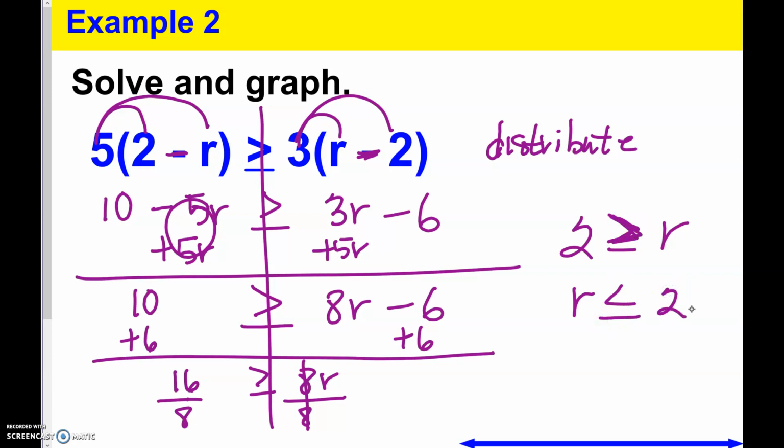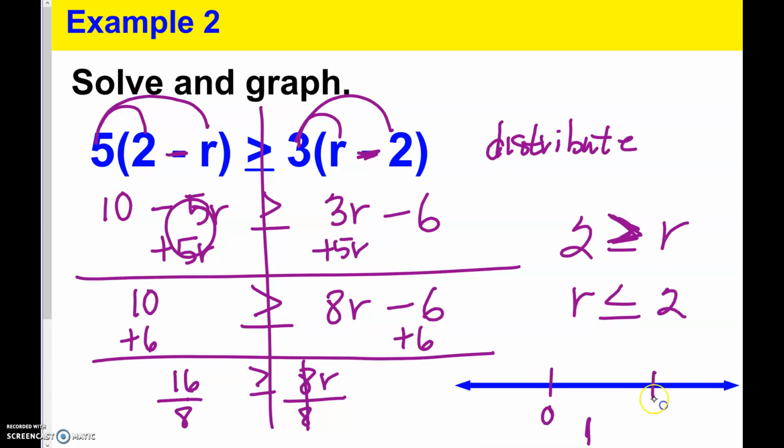Okay, now I'm going to graph it. I'm not going to graph it until I have that r first. So here's my number line. And in this number line, I have a 0 and I have a 2. Less than or equal to, we have that equal to underneath.